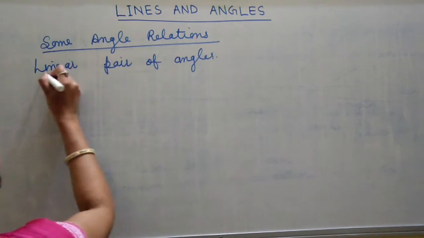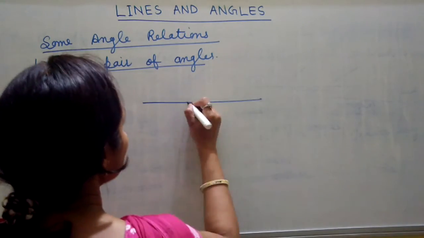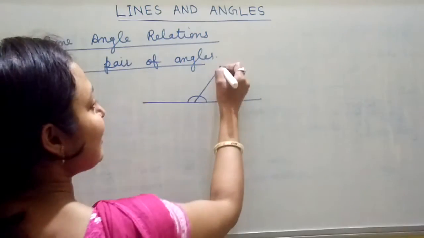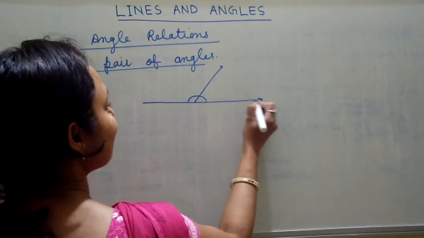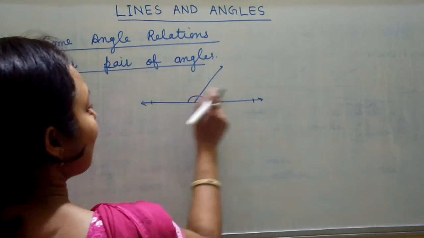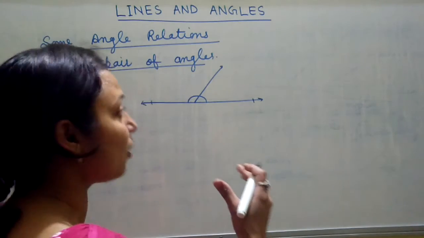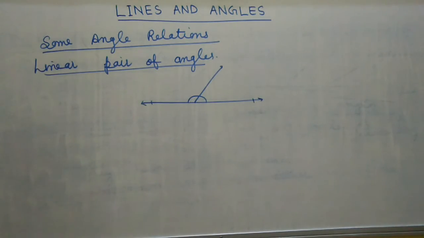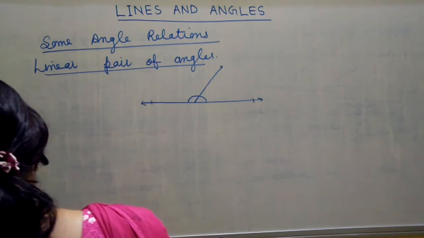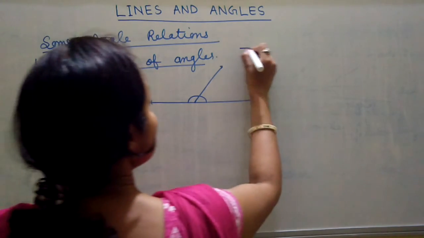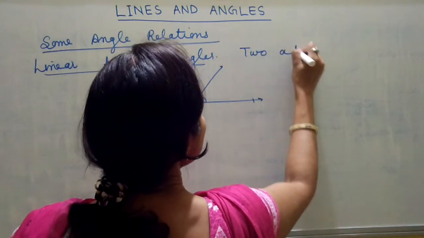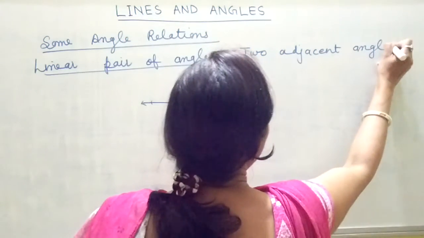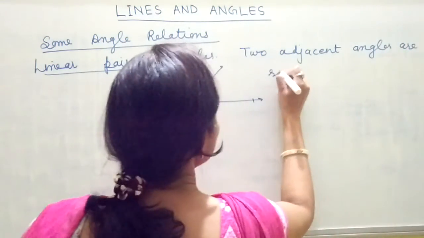What is said to be a linear pair? This is a linear pair. The sum of these two adjacent angles I always take as 180 degrees because of the linear pair. So what is the definition of linear pair? Two adjacent angles are said to be a linear pair.